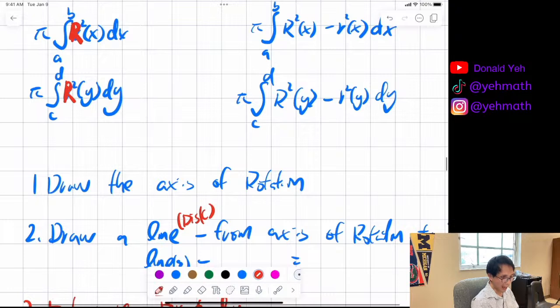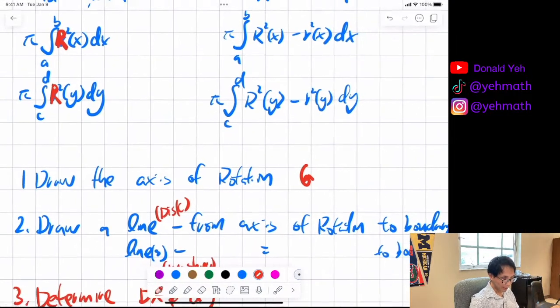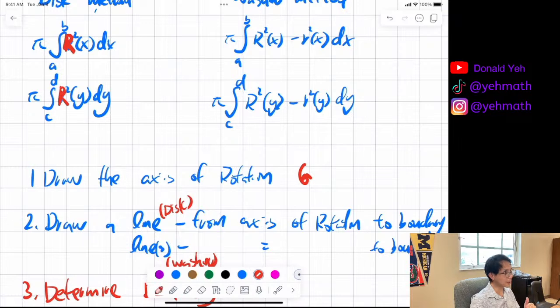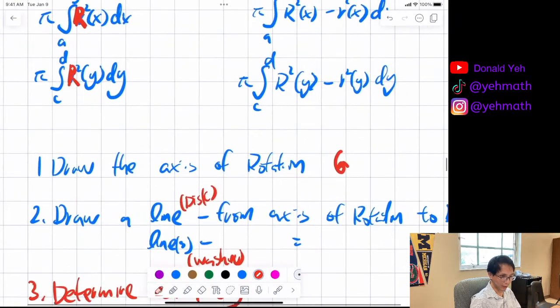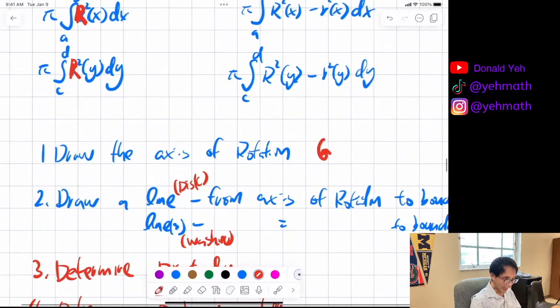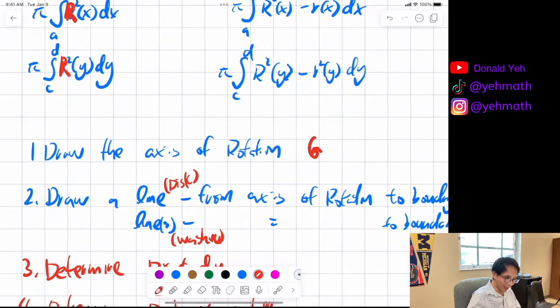I always draw the axis of rotation symbol. It looks like this. I draw it the way they told you where the axis of rotation is. That's my first step, and this is my systematic approach. I double check all those things before I write down the answers. So first, draw the axis of rotation. Now, draw a line from the axis of rotation. You always draw a line from the axis of rotation.